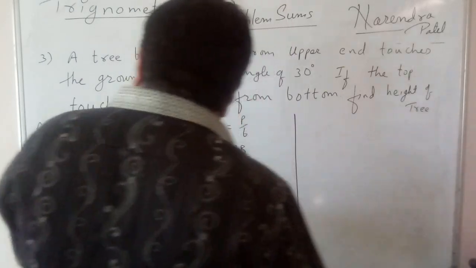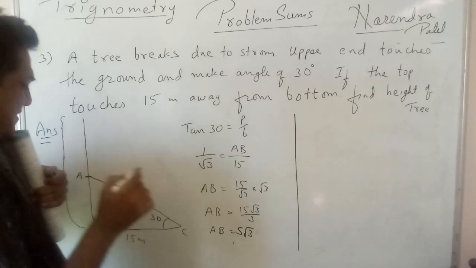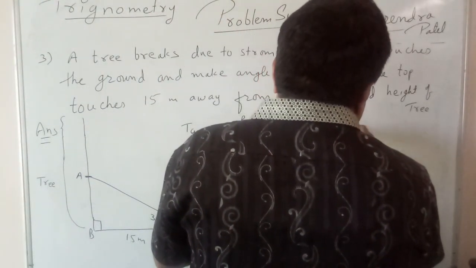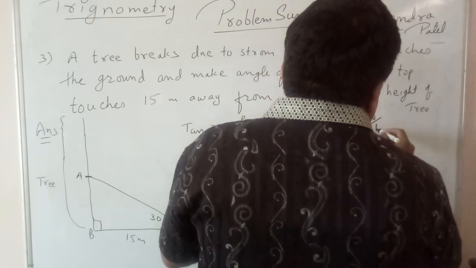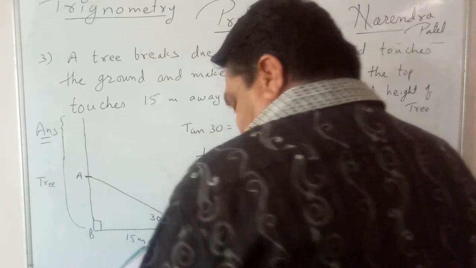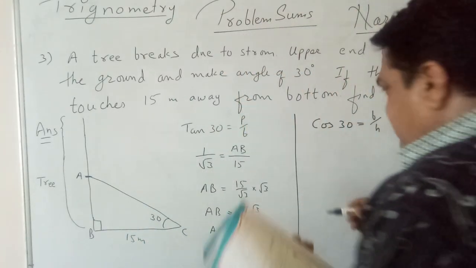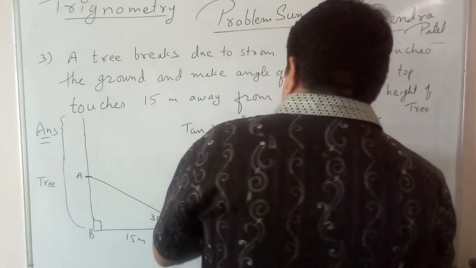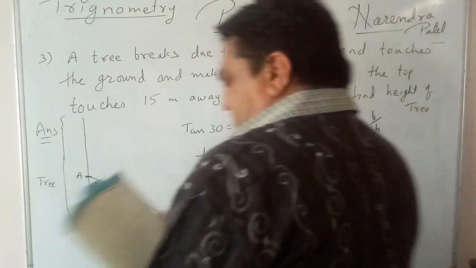Now you have to find the hypotenuse AC. So you have to take base upon hypotenuse. For that we will take cos 30 is equal to B upon H. The value of cos 30 is root 3 by 2. Here the base is 15. H is not given.